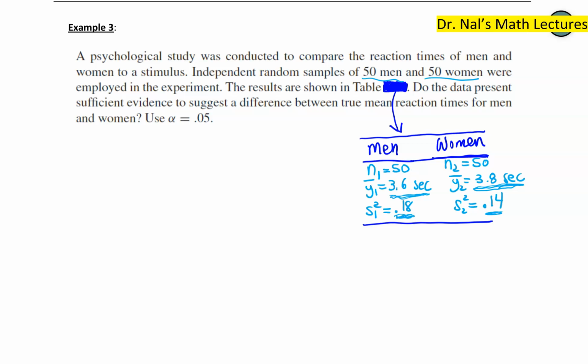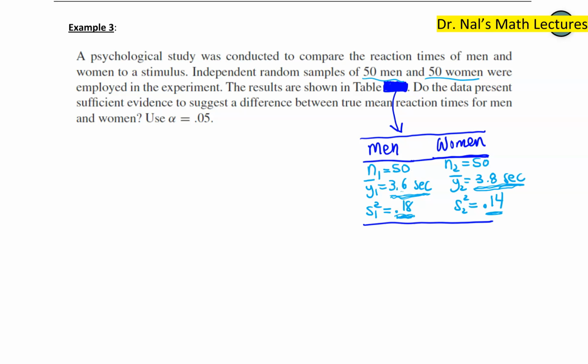So given that, do we have enough evidence? Look at the difference, 3.6 versus 3.8, right? Does that suggest sufficient evidence for a difference between the true mean reaction times for men and women? Obviously we are going to use the point estimator, where the sample mean y1 bar will estimate mu1, right?